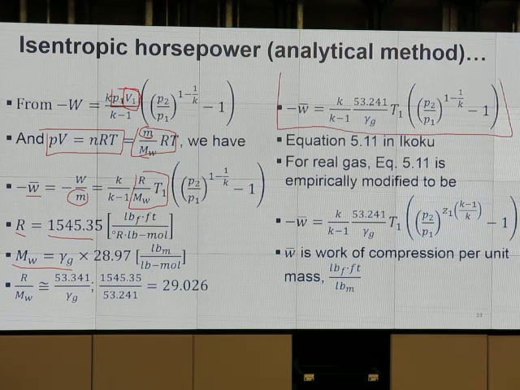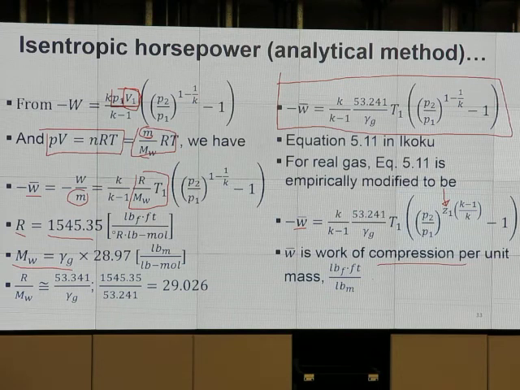This equation is the same as what we have in ICOCO, one of the references. For real gas, instead of just 1 minus 1 over K, ICOCO suggests putting the compressibility factor over there. And now we have work of compression per unit mass.